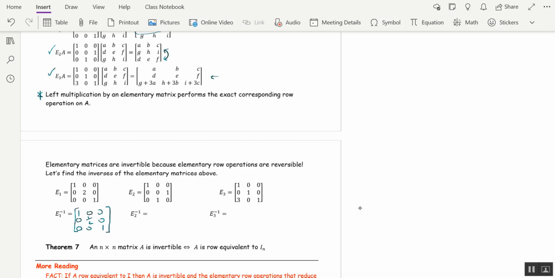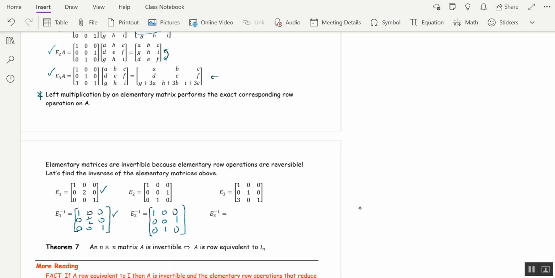The inverse of E2, how would I undo swapping? Well, I would re-swap. So actually, the inverse of E2 is E2 itself, because you're just going to re-swap. 0, 0, 1, 0, 1, 0. And you can verify these. You multiply E1 by E1 inverse, and you can see that you'll get the identity.